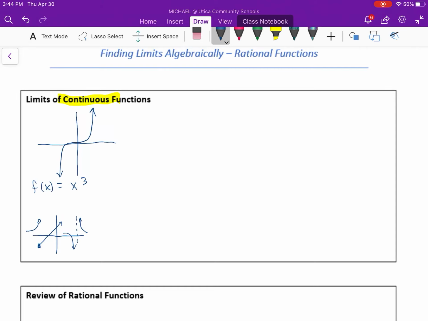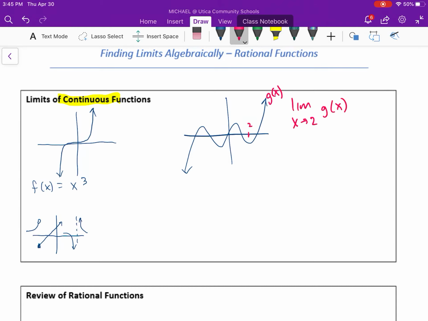So when we're looking at a continuous function, I'll just draw any continuous function here. If I say what is the limit as x approaches, let's just use 2 as an example. We'll call this g of x, and let's say 2 is right there.